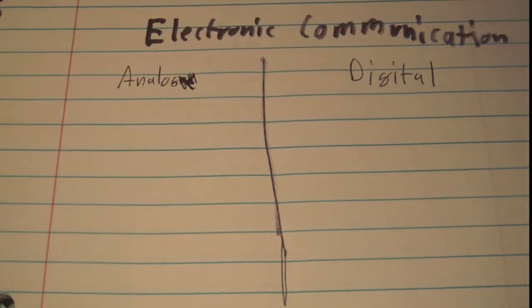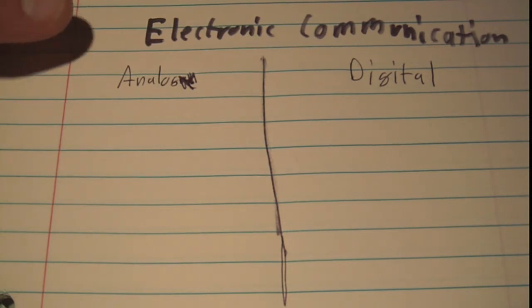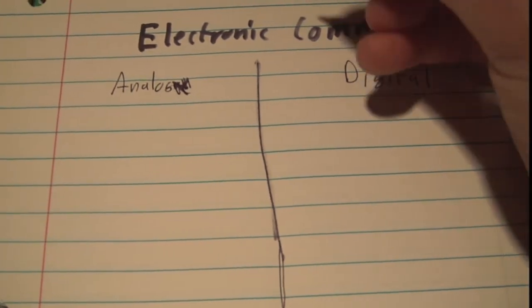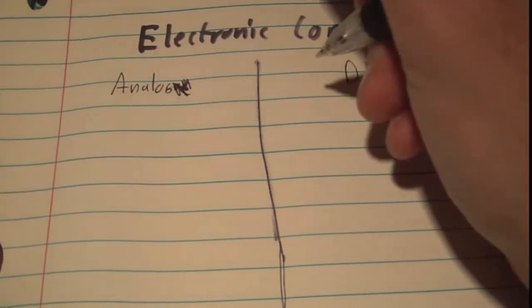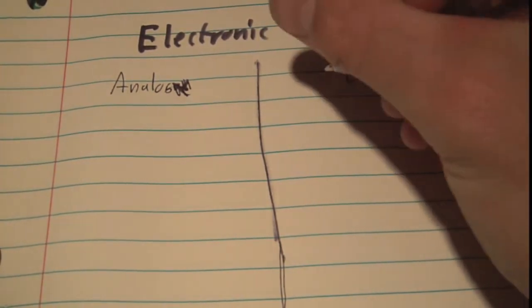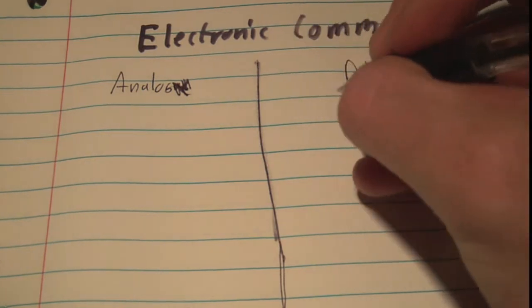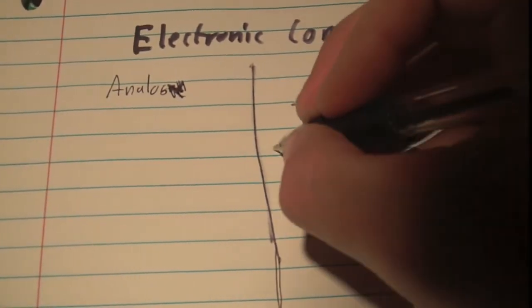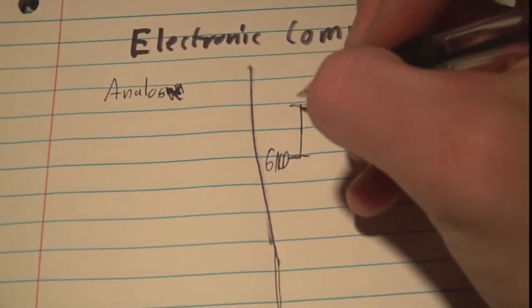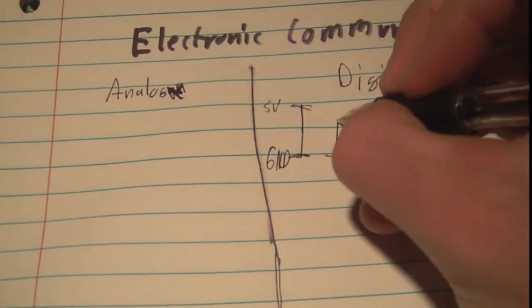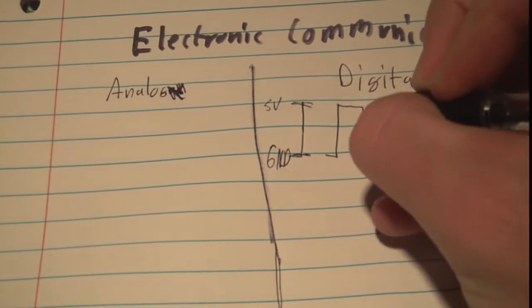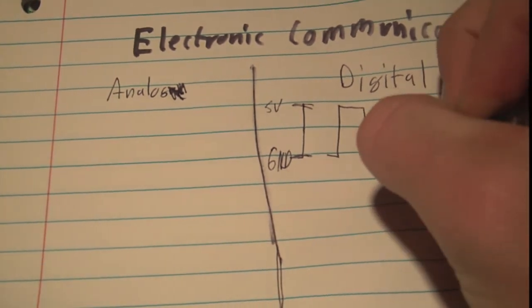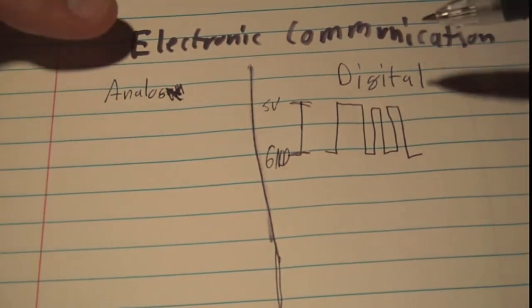Okay, so you have your two camps, analog and digital, right? Digital is easy to explain. Digital, you have signal levels. The signal can be between, we'll just say, ground and 5 volts, and the signal will alternate between the two separate signal levels, right?